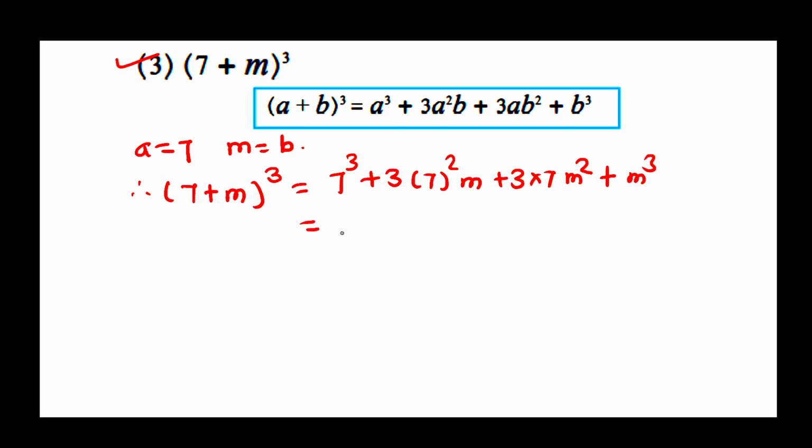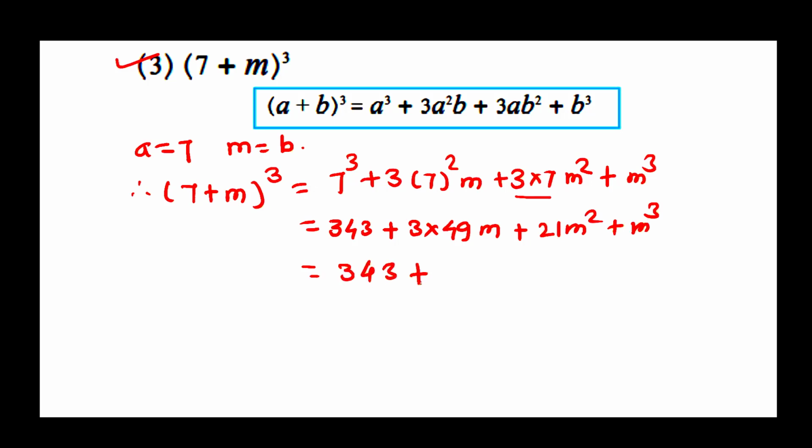We know that 7 cube is 343, plus 3 into 7 square, means 49, into m, plus 7 3s are 21 m square, plus m cube. 343 plus 3 into 49 is 147 m, plus 21 m square plus m cube.